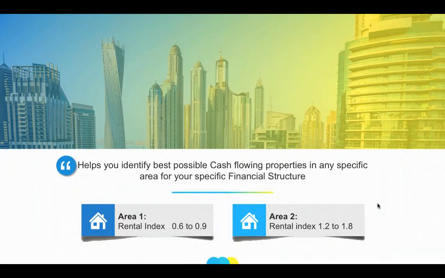The cost of owning the house is very high, let's say $300,000 for example, and you can only rent out the house for say between $2,000 to $2,500. That's how much the market is willing to pay. So if you look at that rental index, you're looking at between 0.6 and 0.9, right?